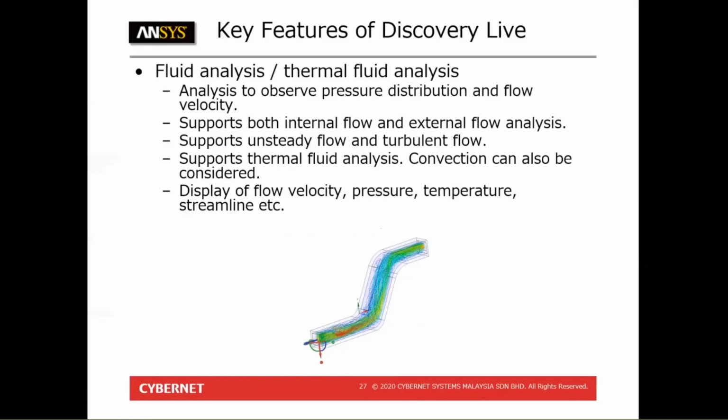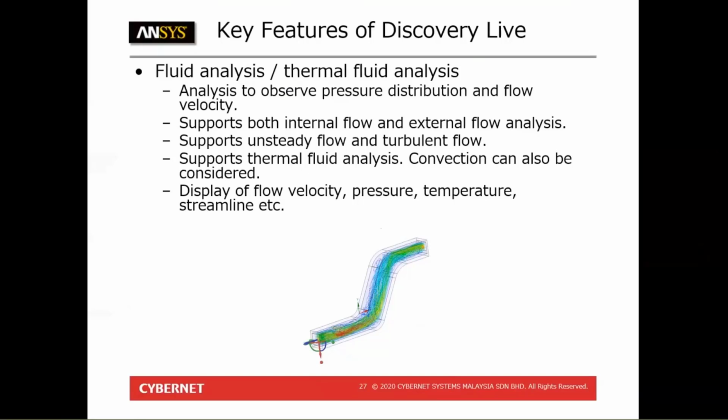So next we have fluid analysis, or thermal fluid analysis. You can assign the temperature for your fluid. This analysis is to observe the pressure distribution and flow velocity. It supports both internal flow and external flow analysis.